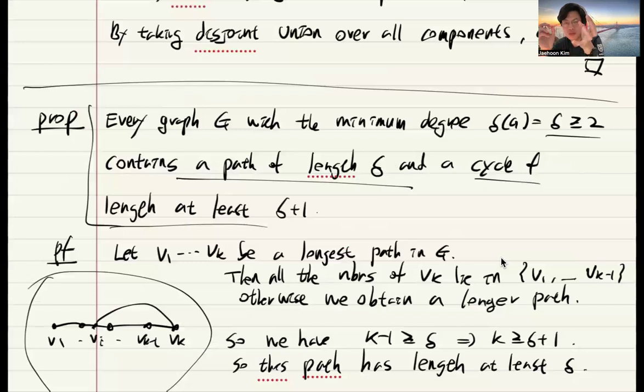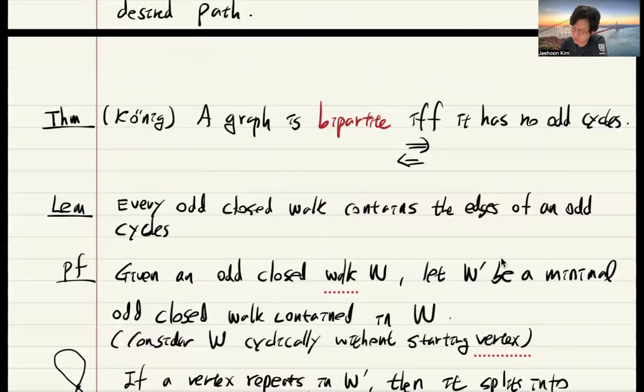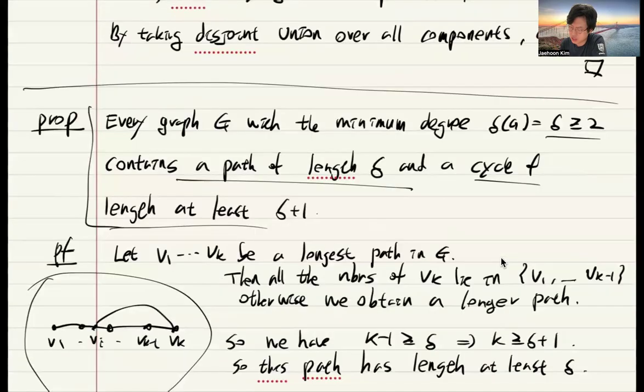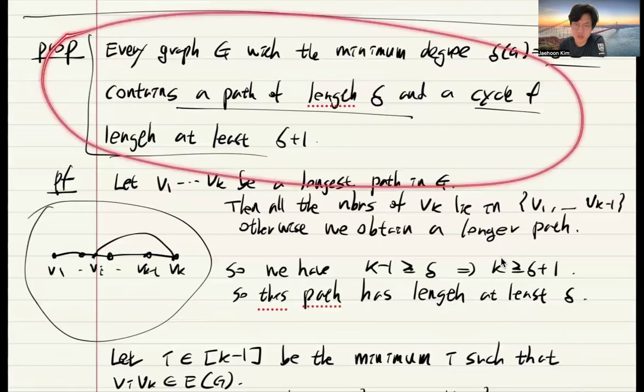So if one parameter is this big, then the other parameter also has to be this big. It is not a clean cut of graph theory into two, but in many cases, structural graph theory deals with the first kind of question or theorem, and extremal graph theory deals with the second kind.